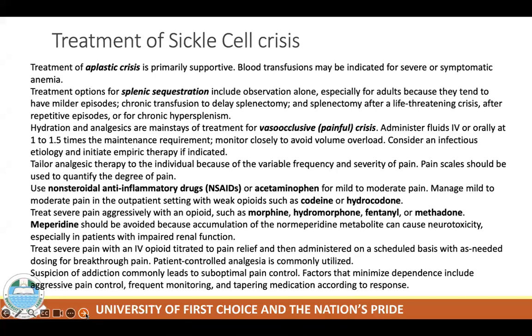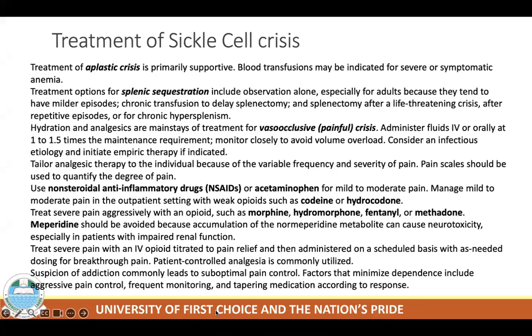If the person has not developed autosplenectomy, then chronic transfusion may help them reduce the ischemic insults. And if there's a life-threatening crisis, then splenectomy, that's a surgical process of removing the spleen, can be done after repetitive episodes of chronic hypersplenism. That's where the spleen becomes enlarged and does not even go back.